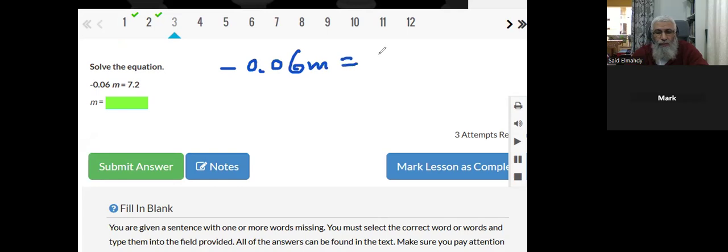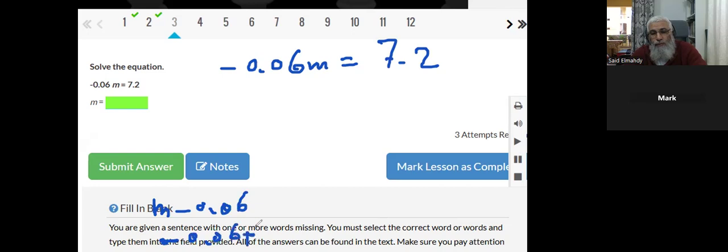Negative 0.06 m equals 7.2. So this 0.06, is it added to m, multiplied, subtracted, or divided? It is not subtracted. Subtracted from m would be like m minus 0.06, or negative 0.06 plus m.